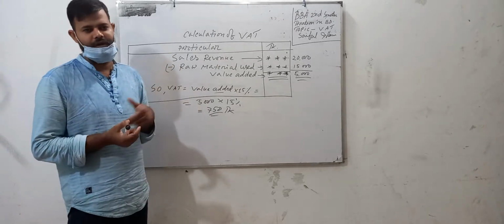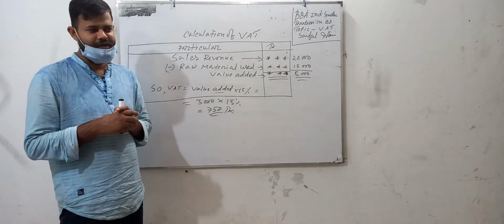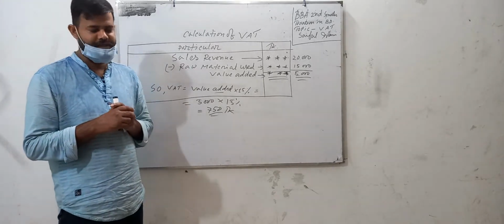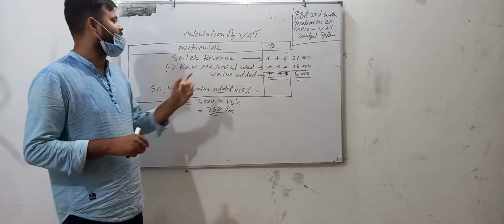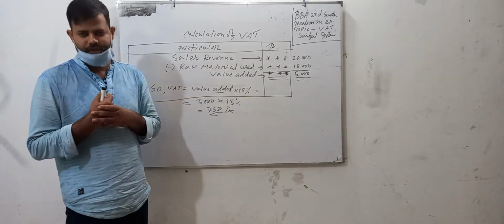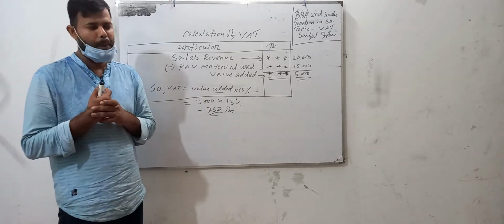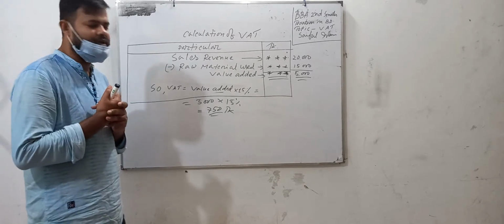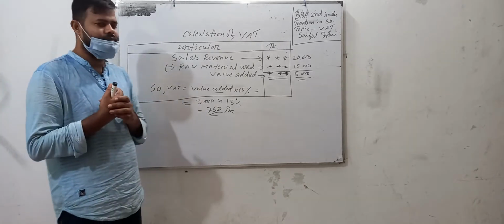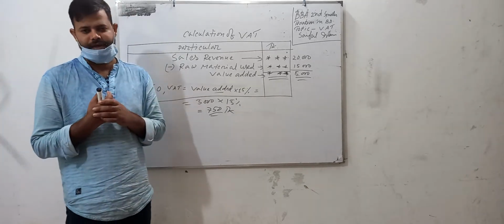There is a formula. I want to repeat it again. At first, opening raw material plus raw material purchase minus closing raw material. Then we get raw material used. With raw material used, we add direct cost, direct labor, direct wages. Then we get prime cost. With prime cost, we add factory overhead.